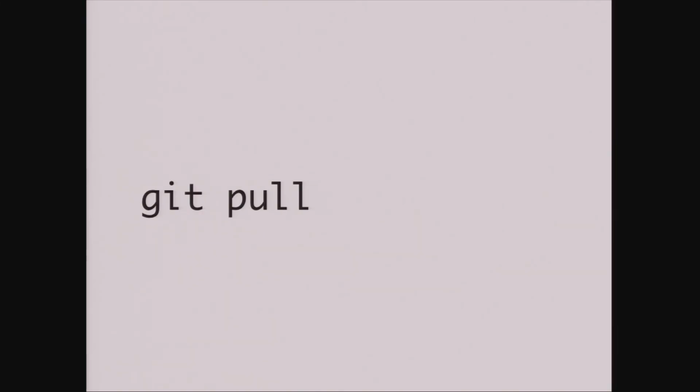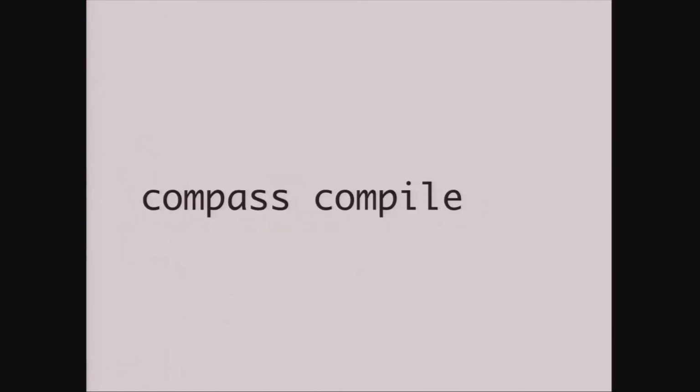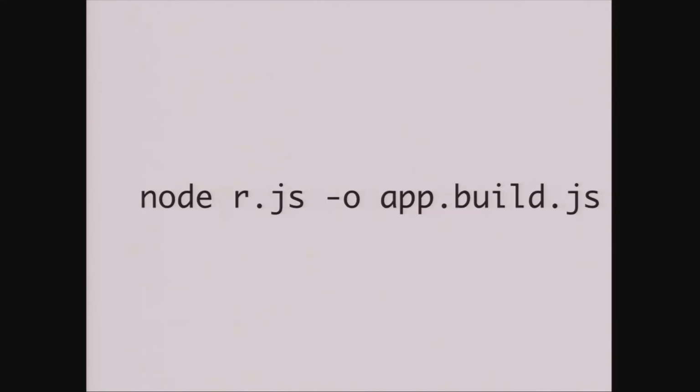So we would do a git pull, we would compass compile, then we would use require.js and concatenate and minify all the JavaScript together. And then we would go into Finder, copy and paste all of the files that we just generated into a www folder for PhoneGap.